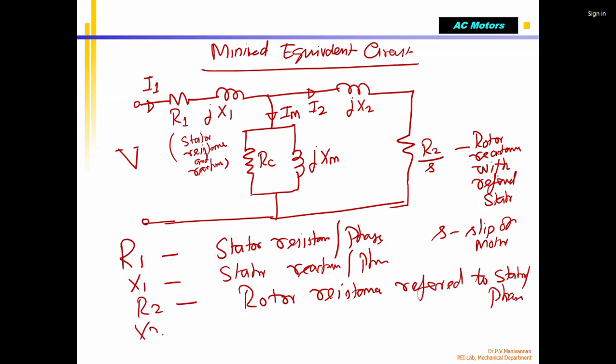Then X2 is called as rotor reactance referred to stator phase. Okay. So this is for the final equivalent circuit. From this, we can always calculate. This is my input voltage. So this is equivalent circuit of the motor.